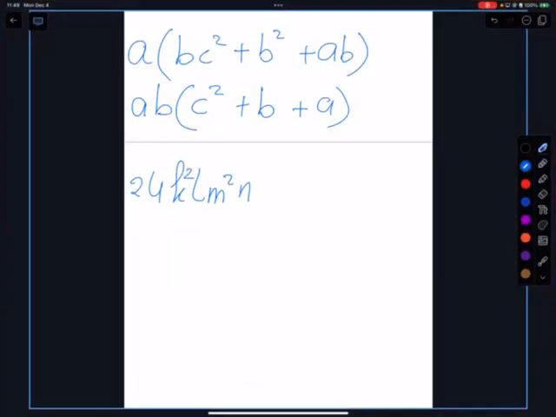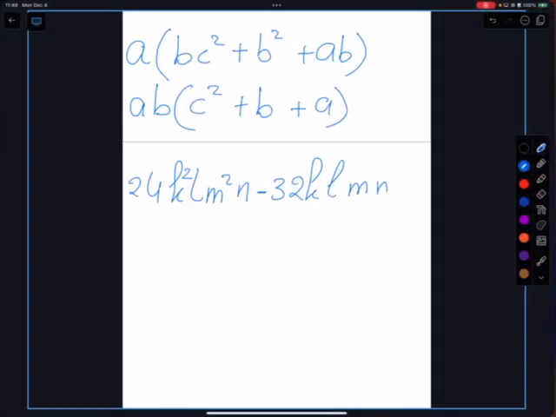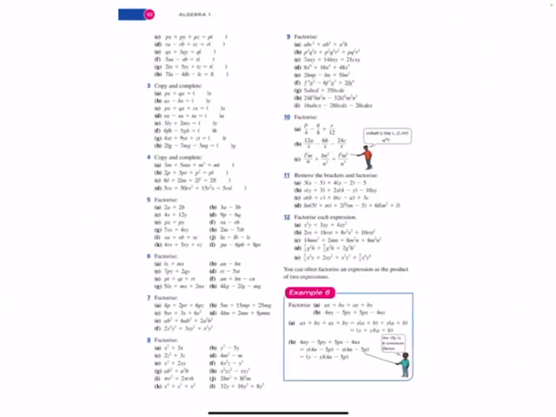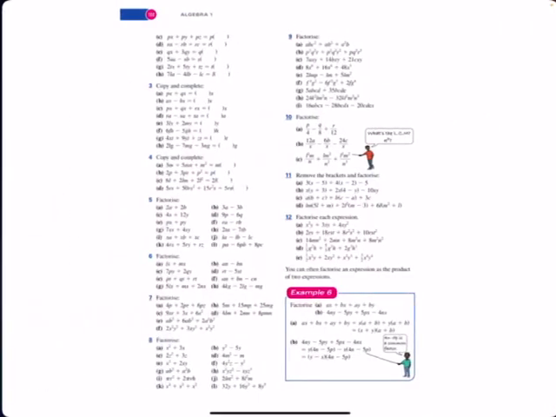Wow. L squared M squared. Yes, this is what we have.